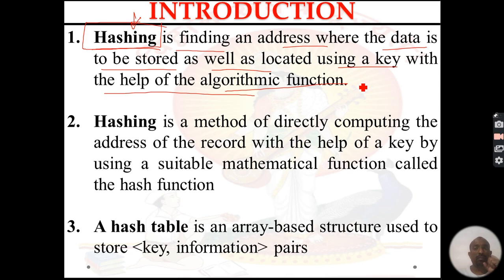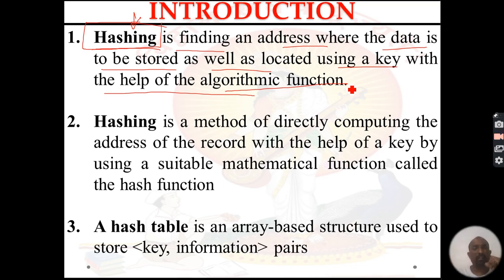If we have to store the data into the hash table, first of all you have to find out the hash value. To calculate the hash value, we need some mathematical equation, expression or formula, and that mathematical function is called a hash function.